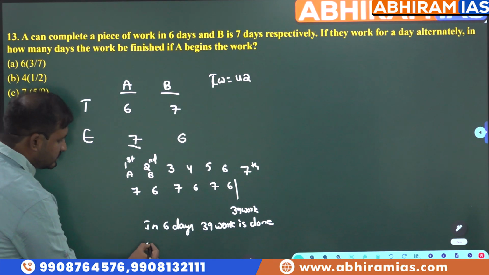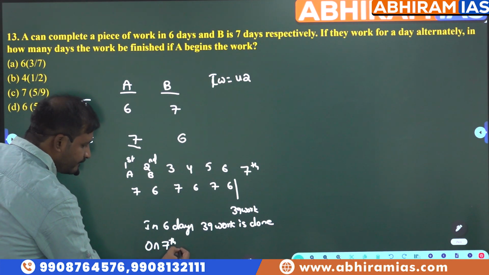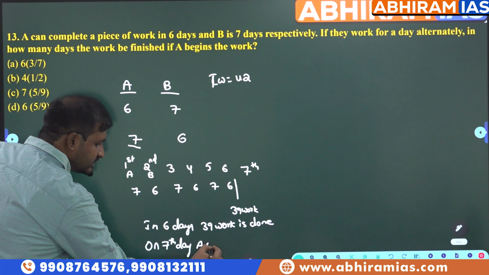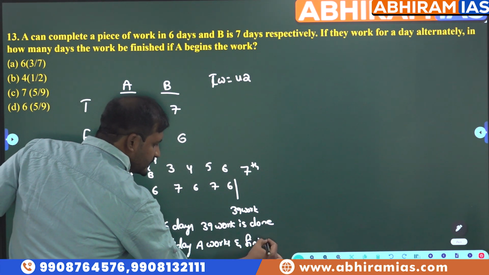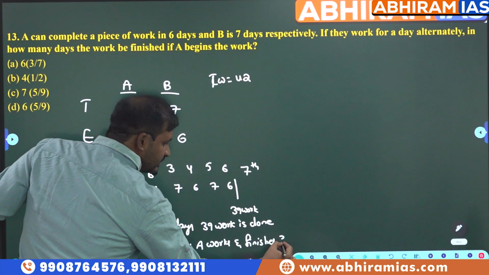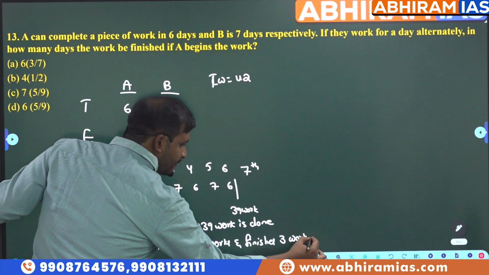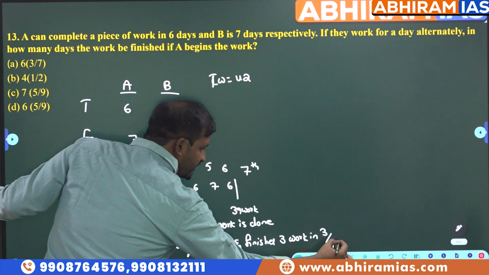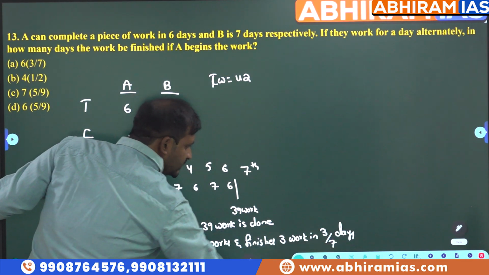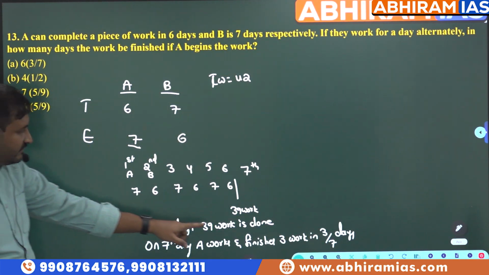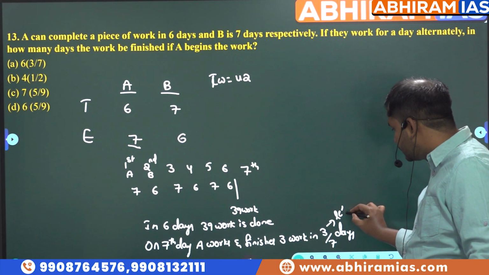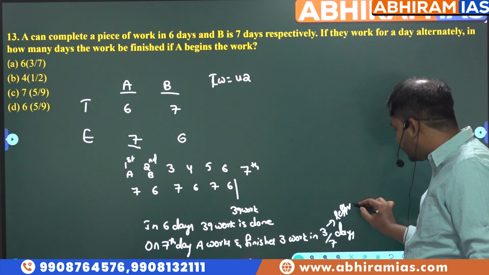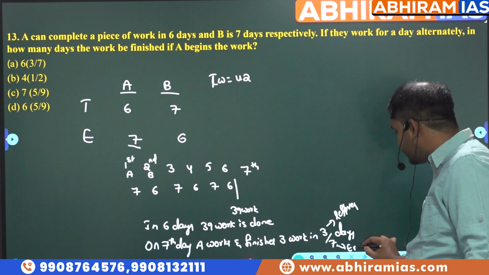On the 7th day, A works and finishes 3 work in 3/7 days. 3/7 of the day. 7 is the efficiency of A, and 3 is the leftover work.